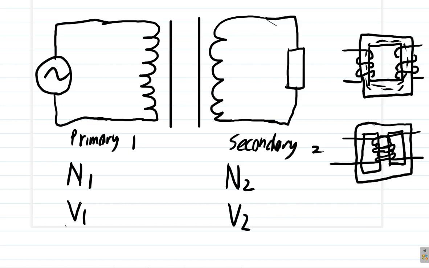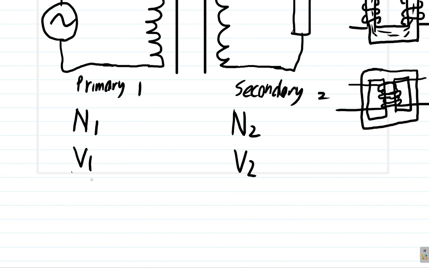Now, here, N1, right, divided by N2 is equal to V1 divided by V2.